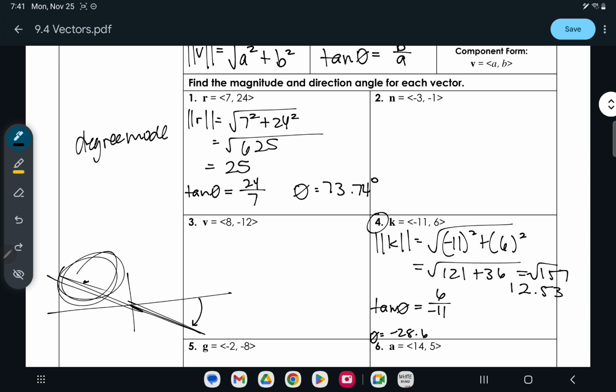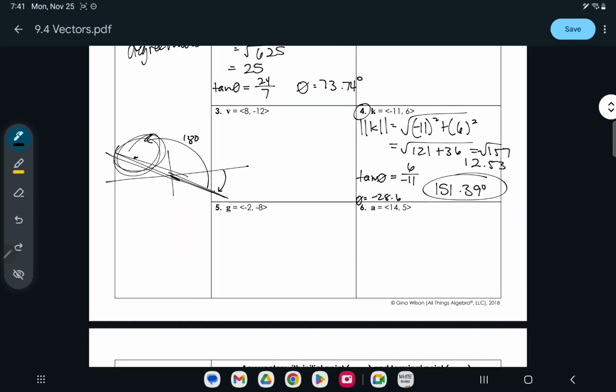So what I can do is add 180. Adding 180 will put me in the quadrant I need. So adding 180 gives me 151.39 degrees, which is where we need to be. All right.